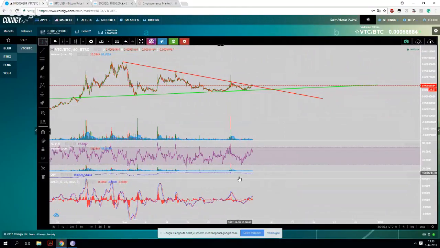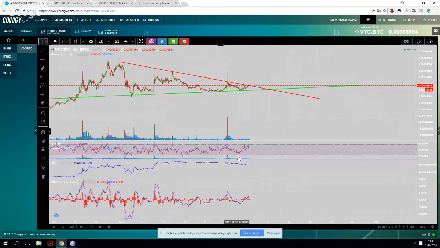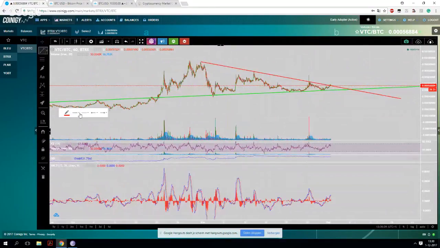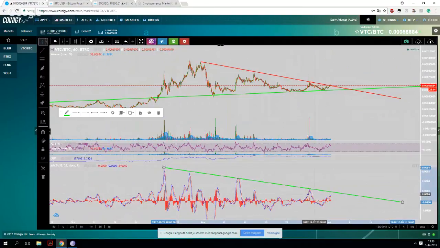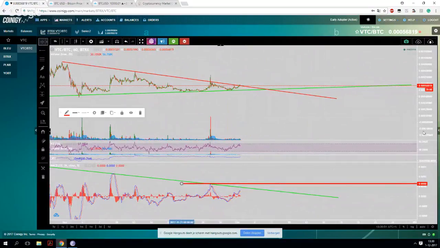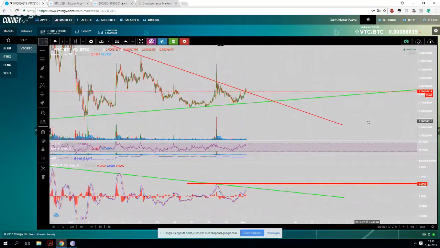I have noticed something on the MACD. Let us see. It's not breaking out yet, by the looks of it. No, it's not breaking out. This level, this previous stop has to be broken on the MACD in order to be a valid breakout. I'm not buying yet.